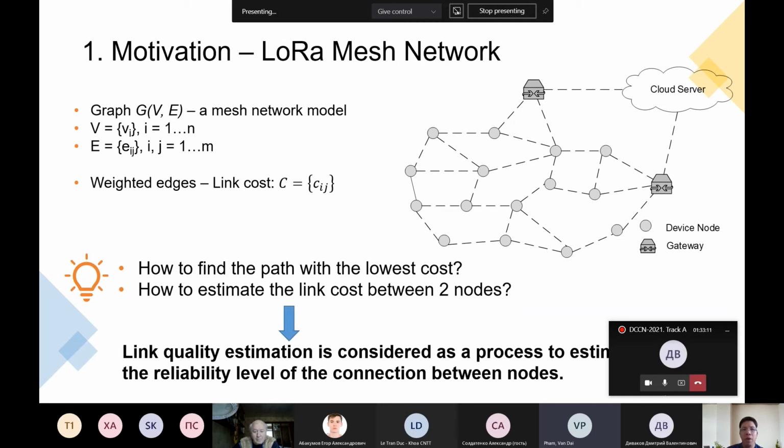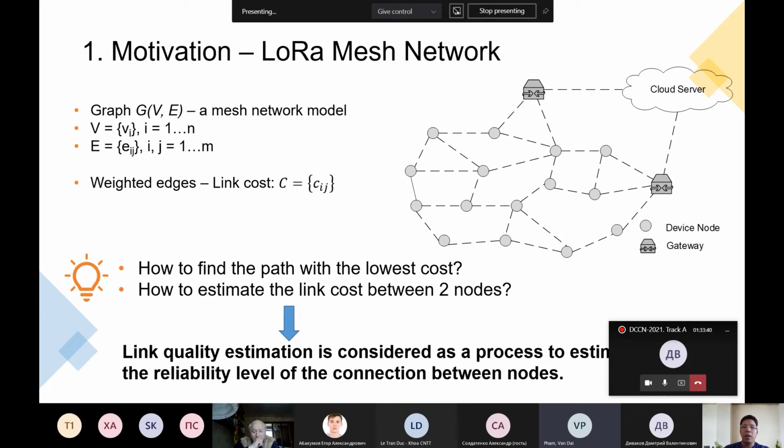Link quality estimation is considered a process to estimate the reliability level of the connection between nodes. High quality links ensure the network's quality of service by decreasing packet loss. Link quality estimation can inform higher network protocols to mitigate and overcome less reliable links.